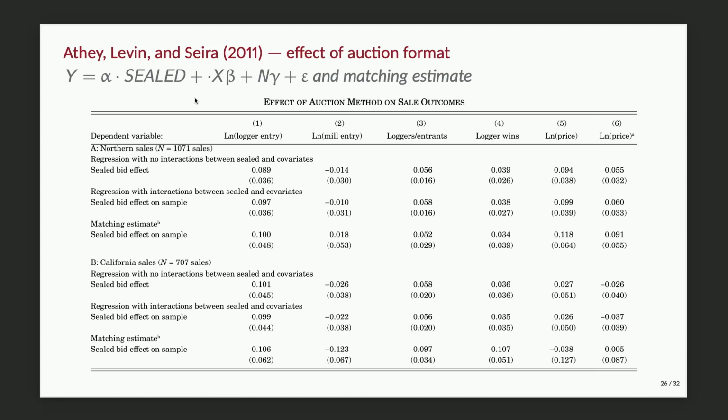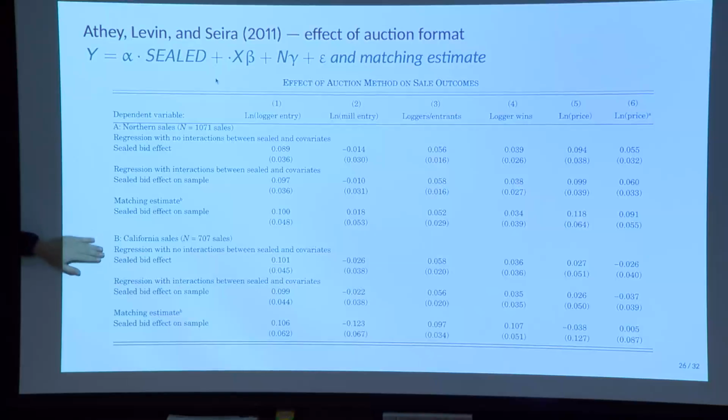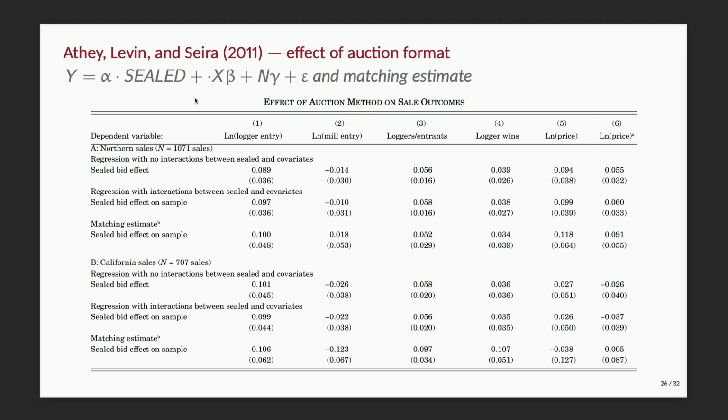They do this separately for the northern regions and California. The reason that this matters is that in the northern regions there's more suspicion of collusive behavior. The other reason is that they claim those are more likely to be randomly assigned, but that's just an aside.